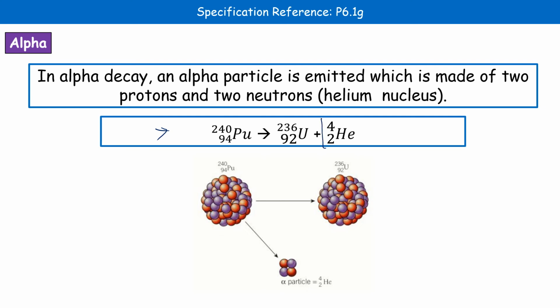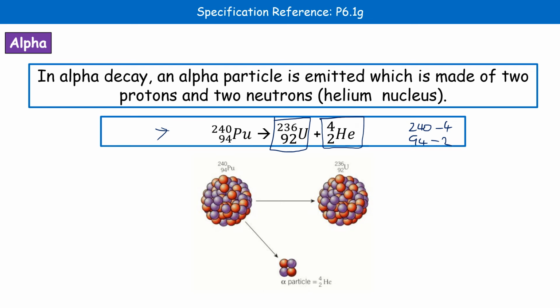If we remember, our alpha particle is the helium, 4 and 2, 4 is the mass, 2 is the atomic number. So in order to work out what this bit is, quite simply, to get the mass it is 240 minus 4, that gives us 236. And then to get our atomic number, we do 94 minus 2, which gives us 92.